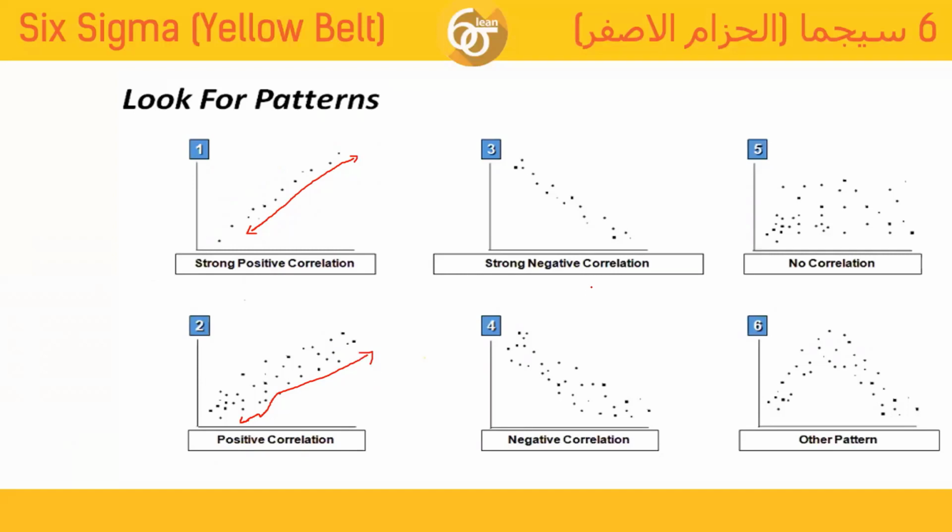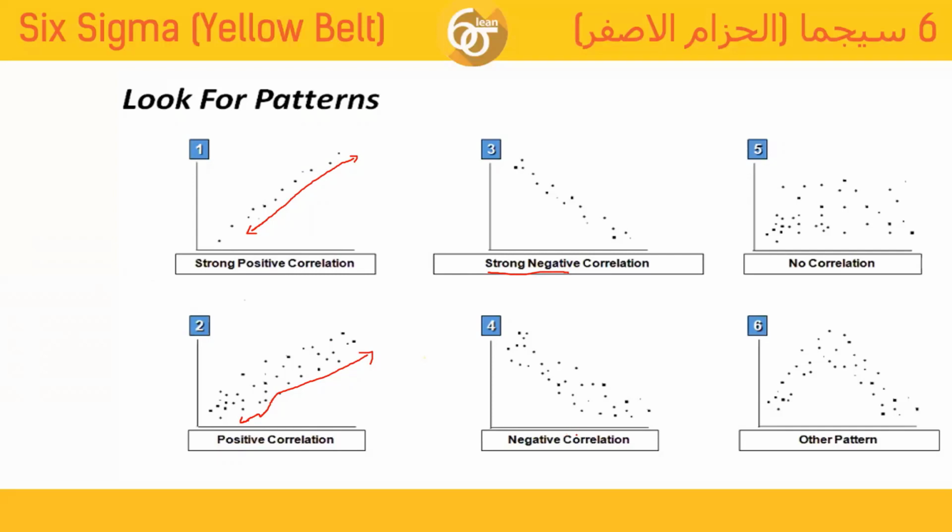Negative should be the opposite of that. The data will move from the right to the left, and there is not too much variation, only small variation. So we call it a strong negative correlation.